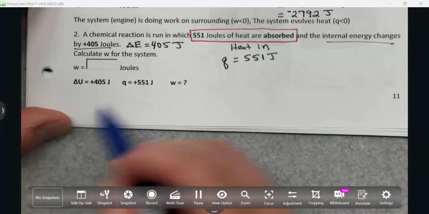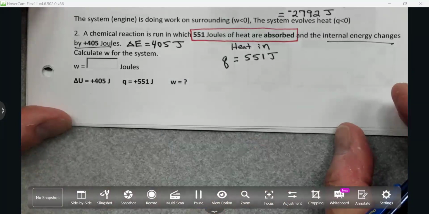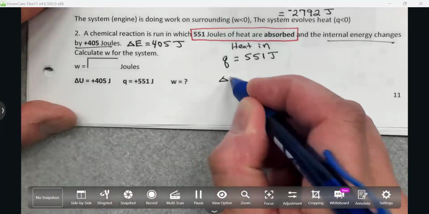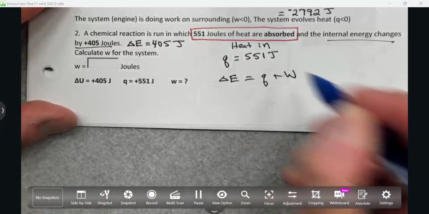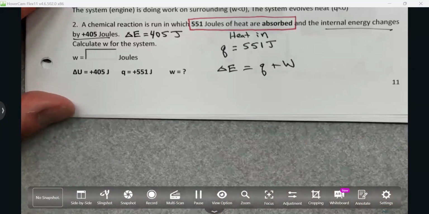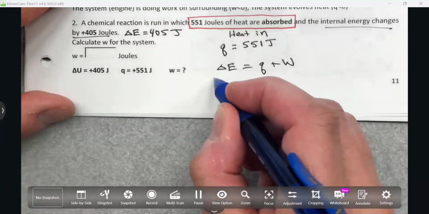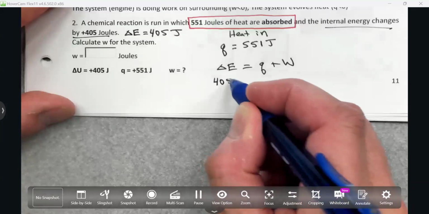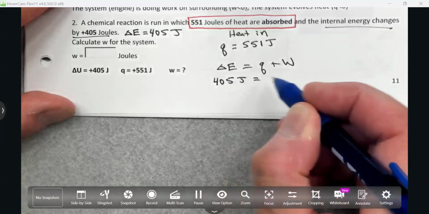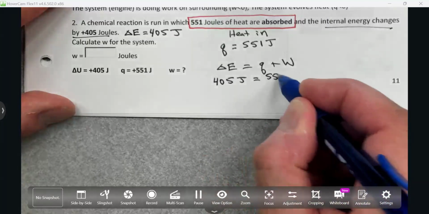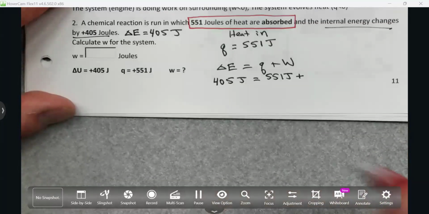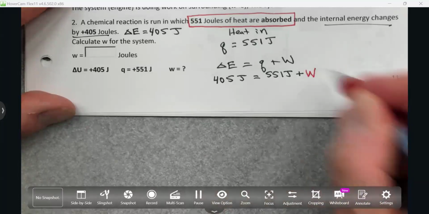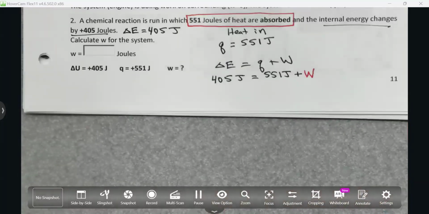So if we have change in energy is equal to Q plus W, we're just solving this for how much work we get here for work.